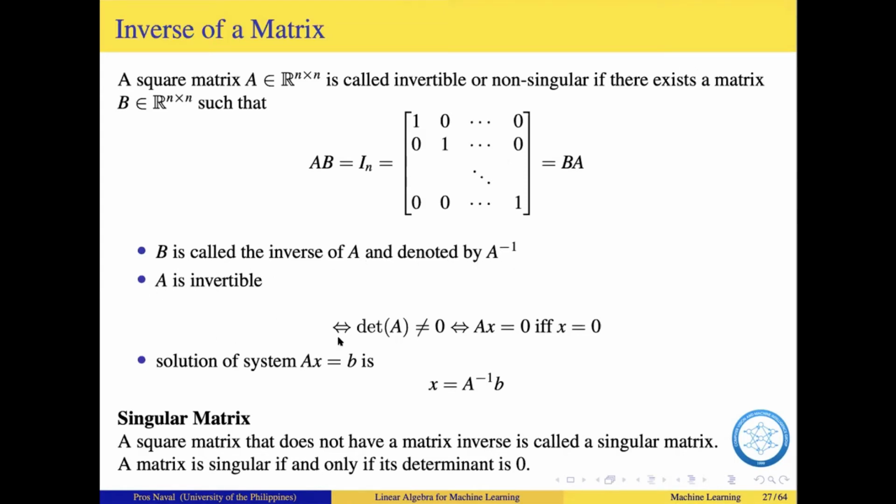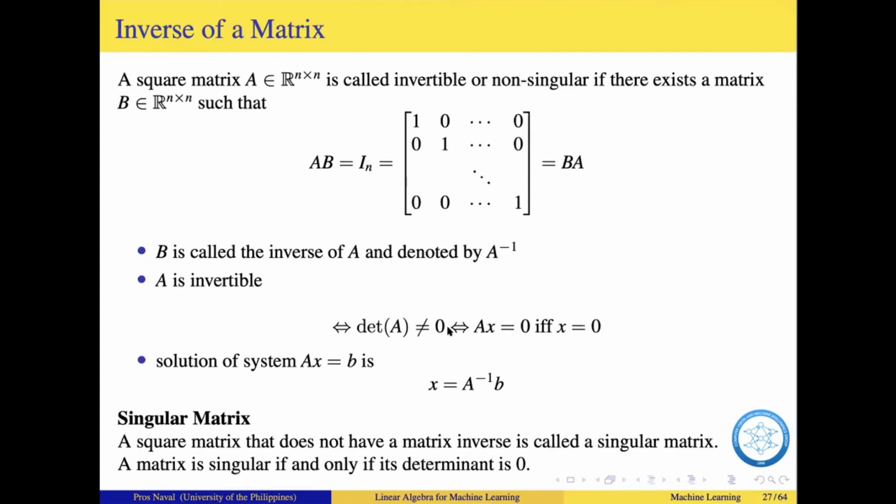A is invertible means that the determinant of A is not equal to 0, and that's also equivalent to saying that Ax is equal to 0 if and only if x is equal to 0. In other words, we have a trivial solution here.